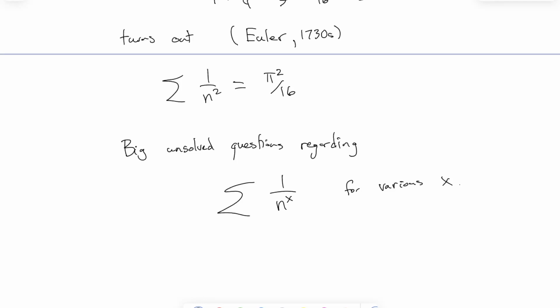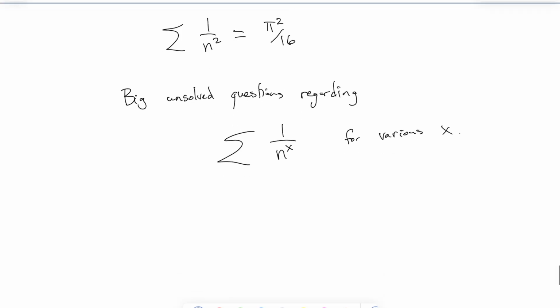So what I just did was 1 over n squared, where x was 2. But you could also consider 1 over n cubed, or 1 over n to the 4, or even other values of x here, like non-whole numbers. You could still do that and try to add it up. 1 over n to the 1/2, for example. Or you could even do complex numbers for the x. That's very weird, but actually people study this a lot.